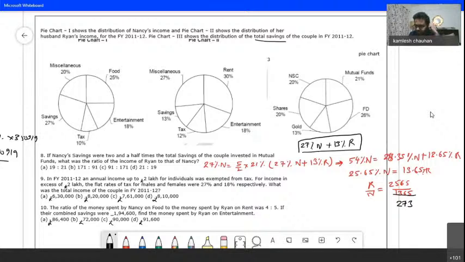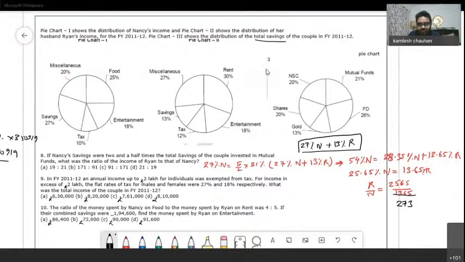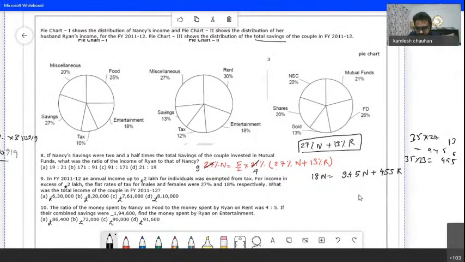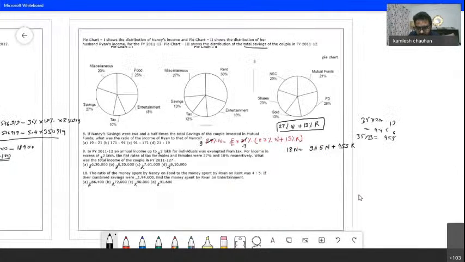Wait a second. Did I make any mistake? Just a minute. Okay, so we will write now: 8.55 n is equal to 4.55 r. So r is to n is 855 divided by 491.